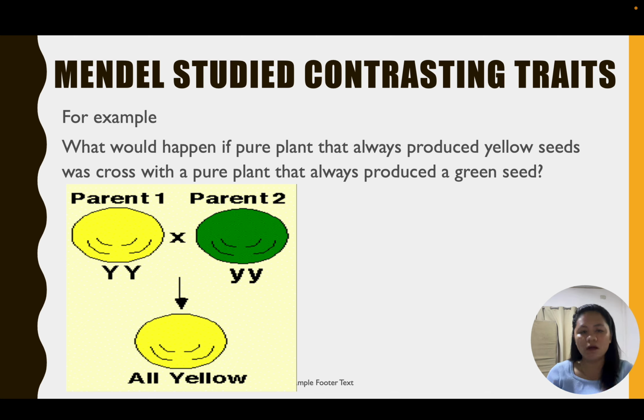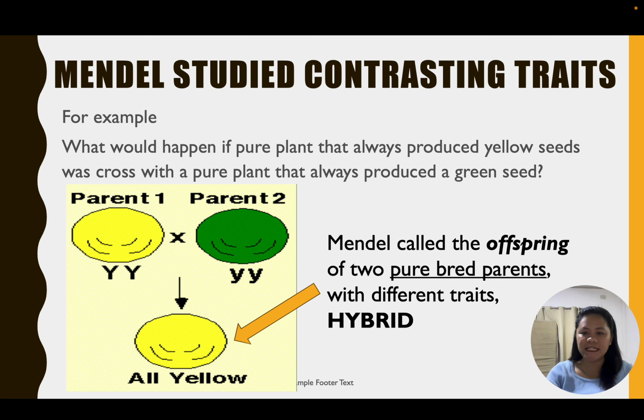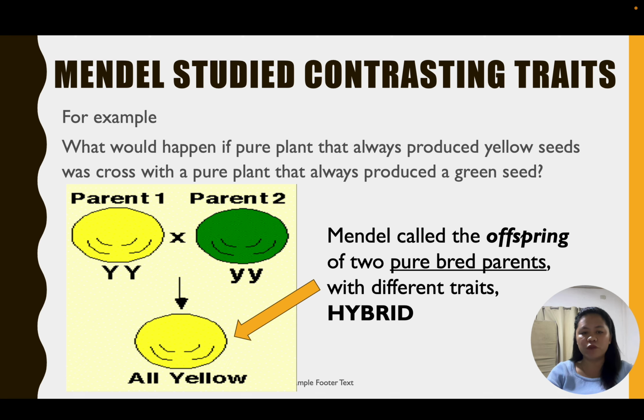So, when you cross all of them in a Punnett square, we'll get all yellow pa rin na seed. So, Mendel called the offspring of 2 purebred parents with different traits hybrid, since these offspring is a carrier of the parents' both characteristic. It's just that one trait is dominant over the other.